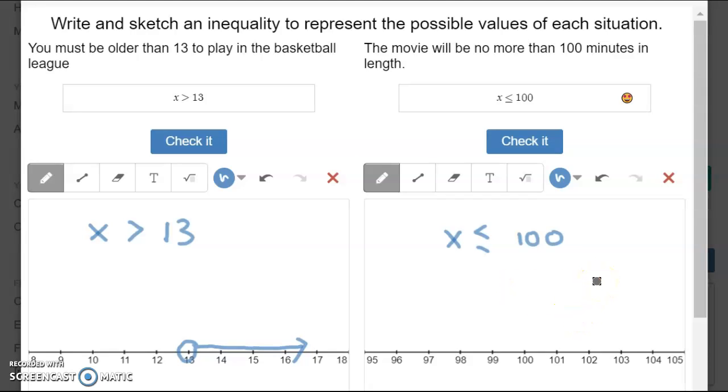So I need to graph it now. I find the boundary point of 100. The inequality is less than or equal to. Because of this equal sign, the bar underneath, this is going to be a closed circle. And the inequality points to the left, so I'm going to be shading to the left, like so.